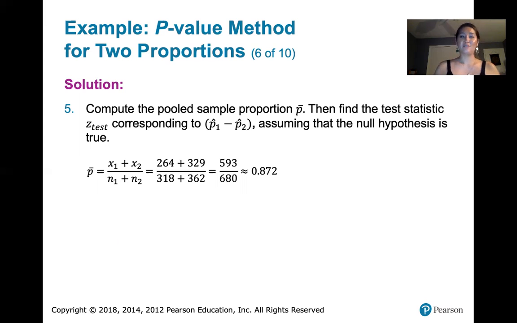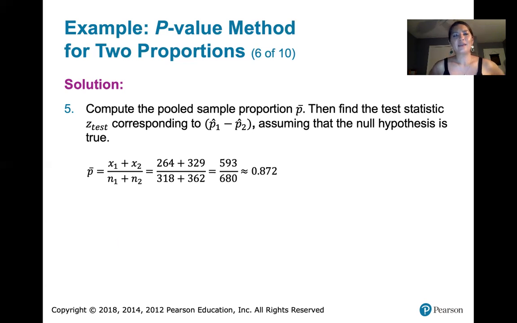Now, if you're saying to yourself, what is that? Why do we do that? Remember, we talked about it in the last video. When we are assuming that the null hypothesis is true, we're assuming that P1 and P2 are equal to each other. But we don't actually have a value for P1 or P2. All we have are these point estimates, P1 hat and P2 hat.